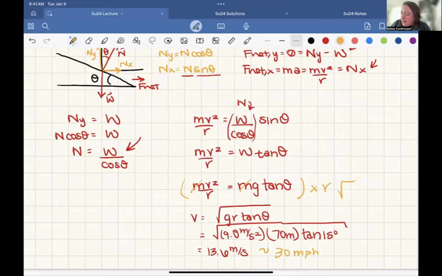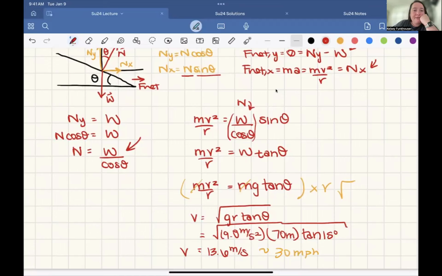So interesting to see that it turns out to be the same, even though the radius of the circle is different. So it might be beneficial to also have a component of friction in going around a corner. So those are those examples.